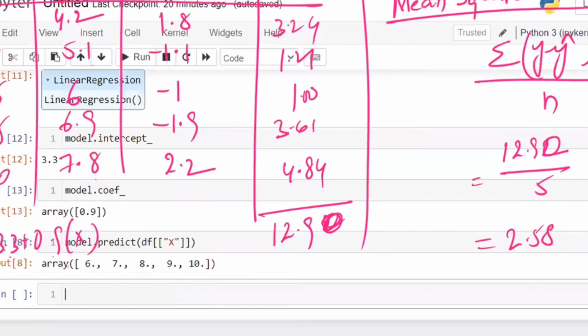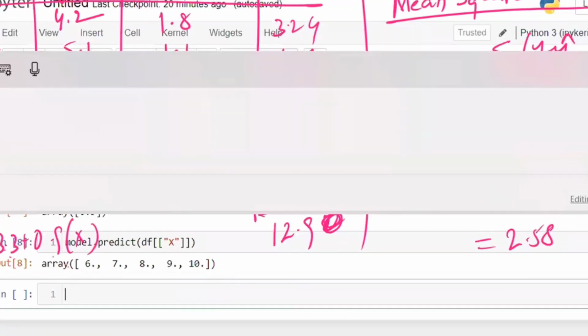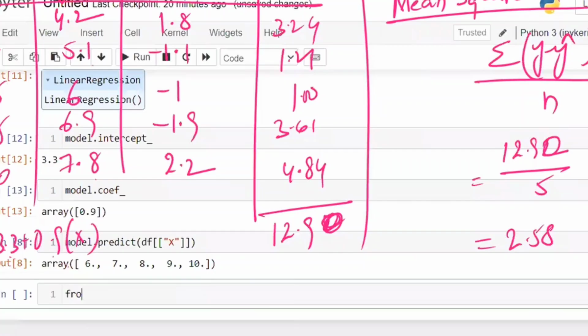Now the same thing I am going to do using sklearn. Don't apply the coding, forget the coding. I will re-explain the coding once again with an example. This is a small example, I am only giving an introduction. From sklearn.metrics, you are going to import mean_squared_error.